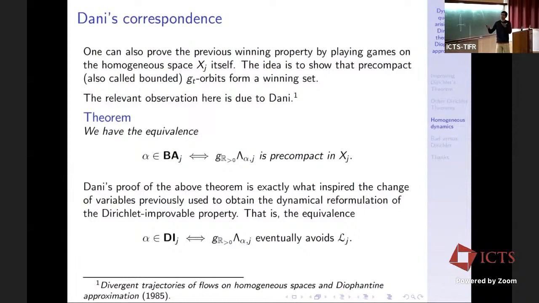But again, this is Dani's correspondence, and Erez did reprove this in his talk. It's exactly what we were doing before, just some renormalization. You have to choose the time correctly.